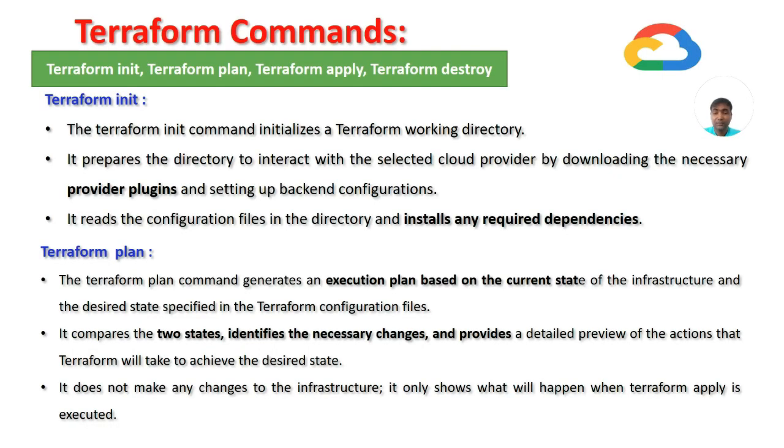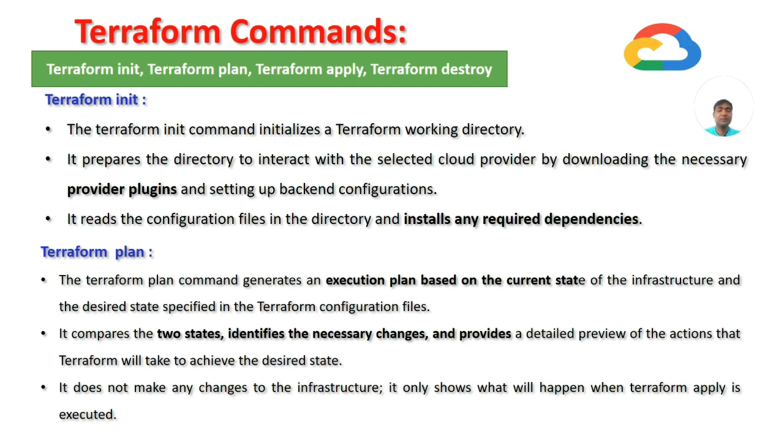The terraform plan command generates an execution plan based on the current state of your infrastructure and the desired state specified in the Terraform configuration file. It compares the two states, the current state and the desired state, then identifies the necessary changes and provides a detailed preview of the actions that Terraform will take to achieve the desired state.